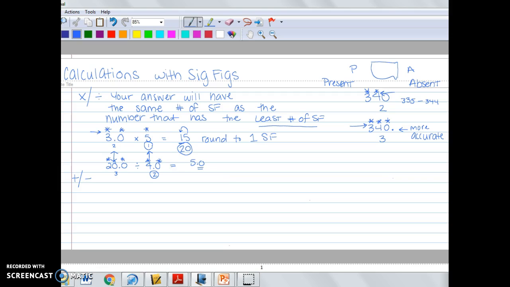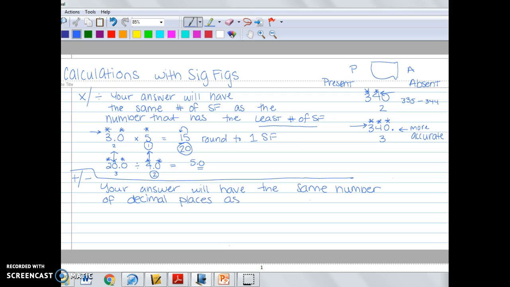Okay? So then we can talk about addition and subtraction. With addition and subtraction, your answer will have the same number of decimal places as the number that has the least decimal places.